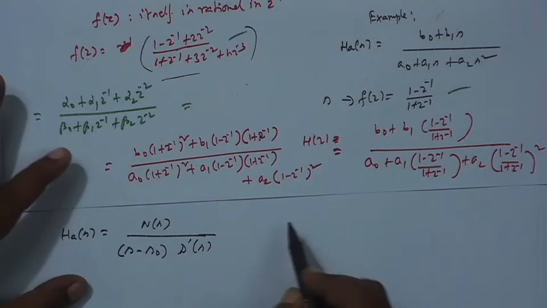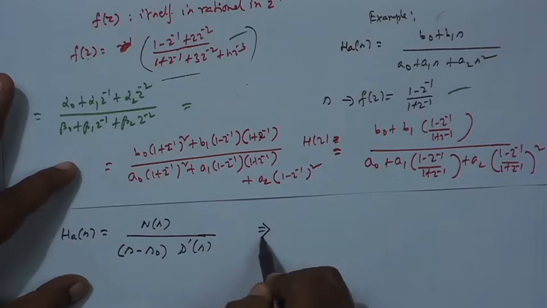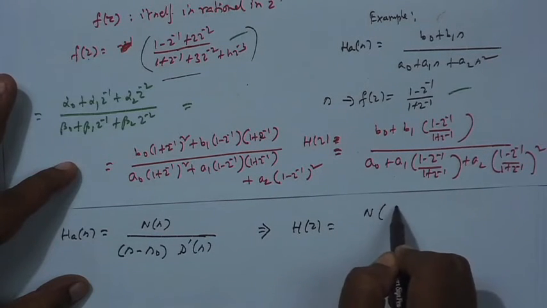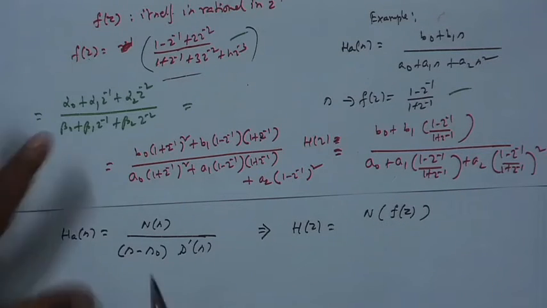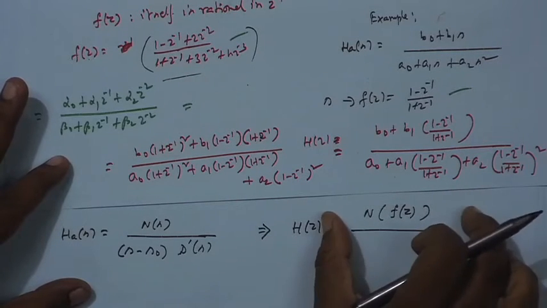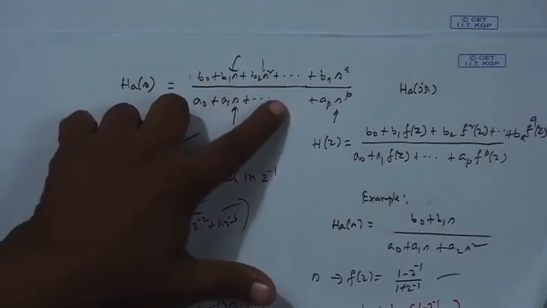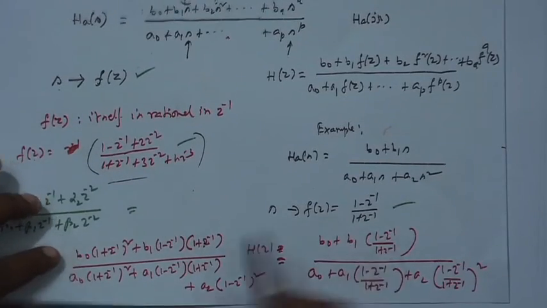Okay. So, in this form if I write H(z), in place of S everywhere it will be f(Z). So N(S) is a polynomial in powers of S, and wherever there is S it is replaced by f(Z), so you get whatever you got there earlier.